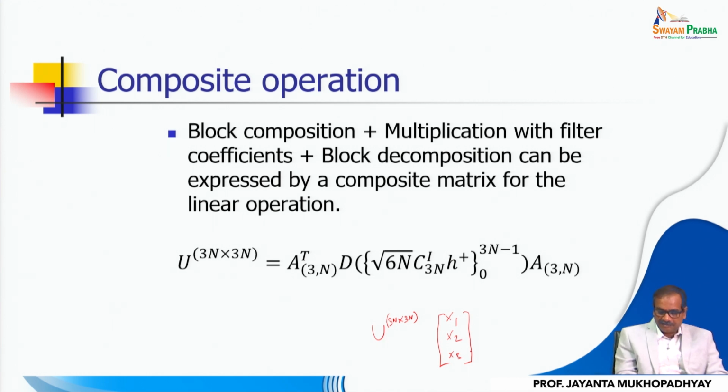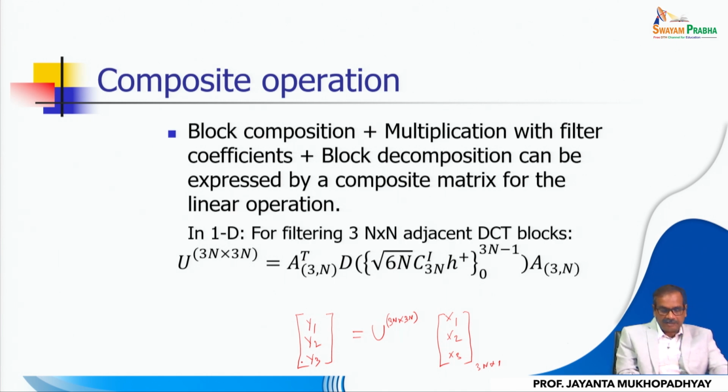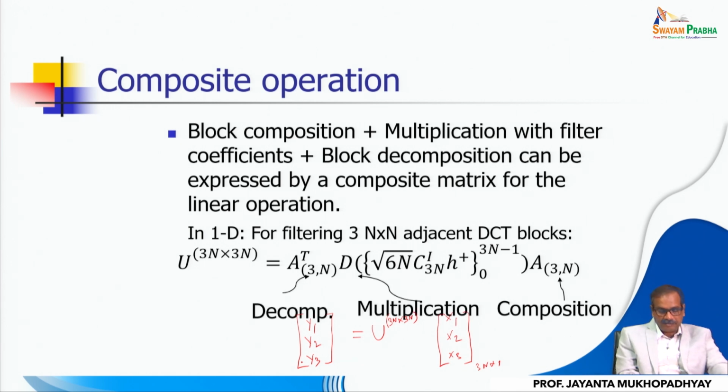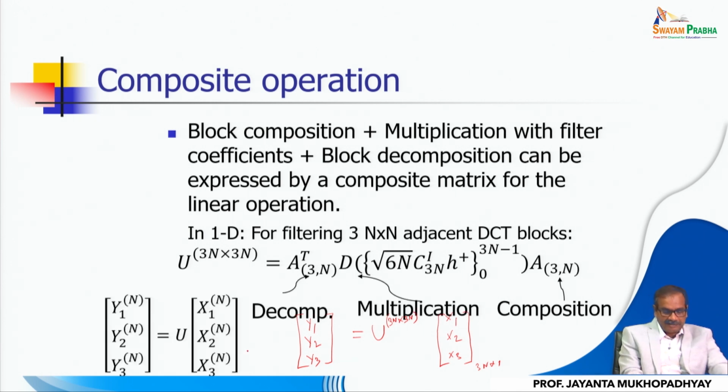These are all blocks of n, so in total it is 3n cross 1. There I will get the filter response y1, y2, y3. Right? So this is composition, multiplication, decomposition. Exactly this is what I have also shown here.